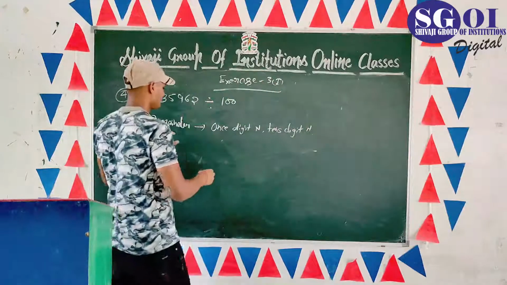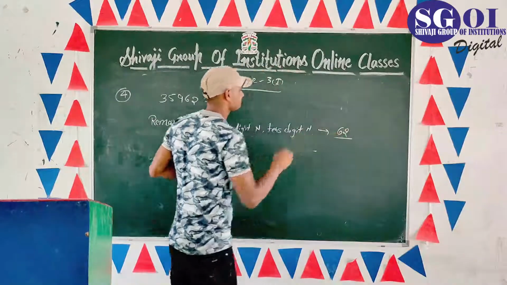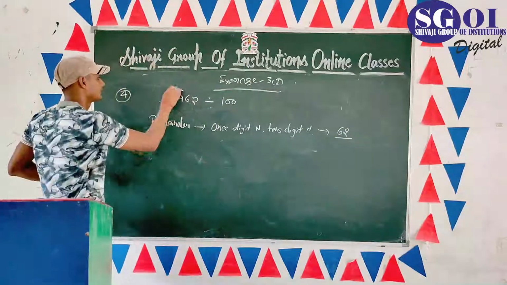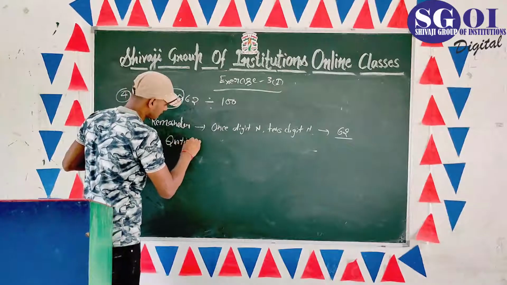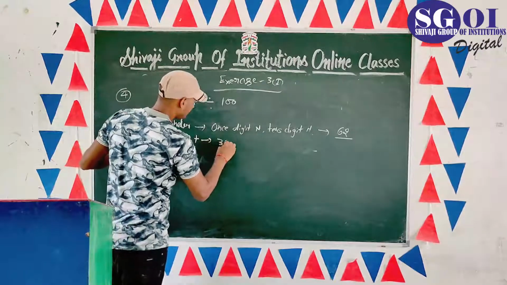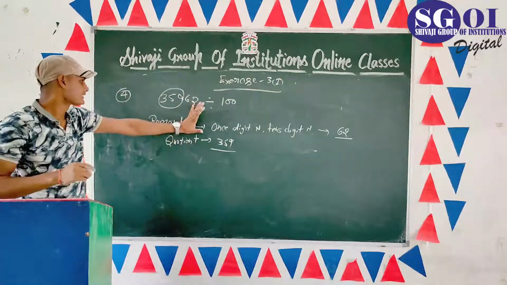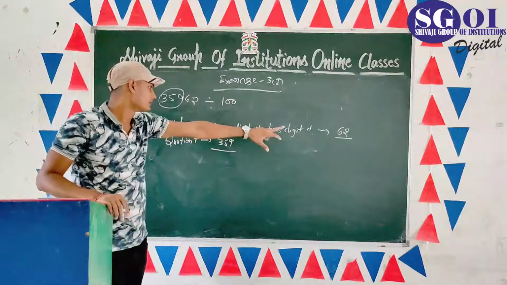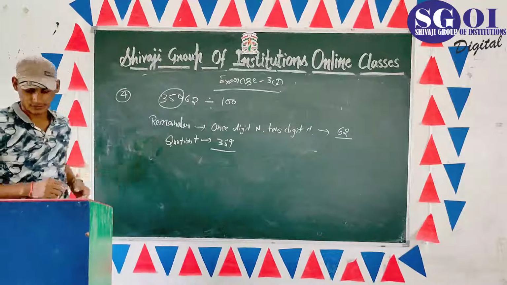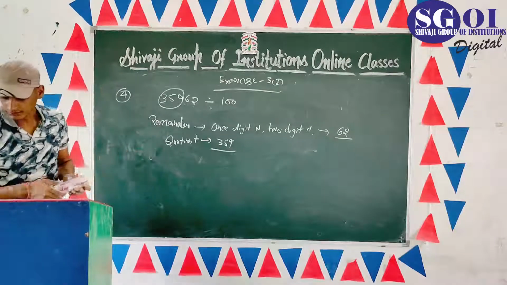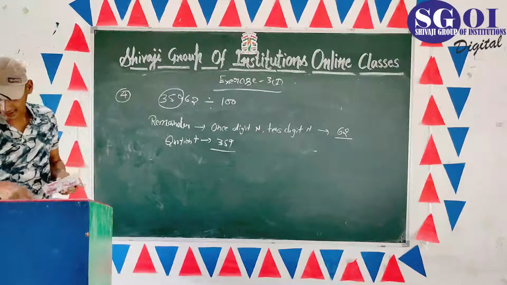Okay, friends. So the remainder is 62. And all the left numbers are the quotient, 359. The remainder is the ones digit number and tens digit number, and all the numbers are the quotient. Okay, students. Now question number 5 and question number 6 are the same as question number 4.